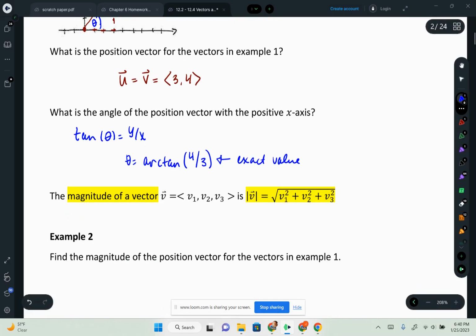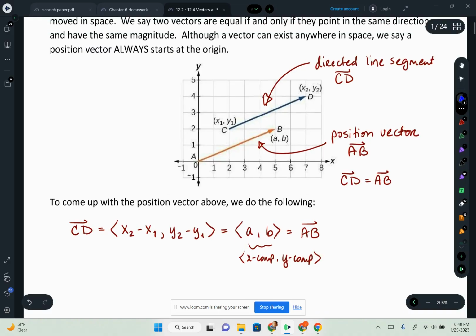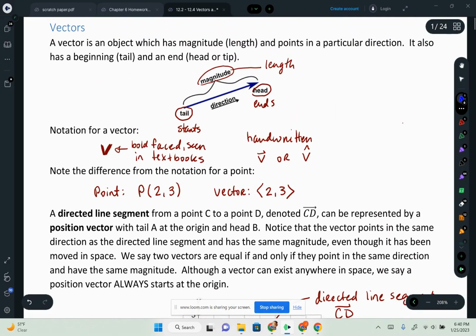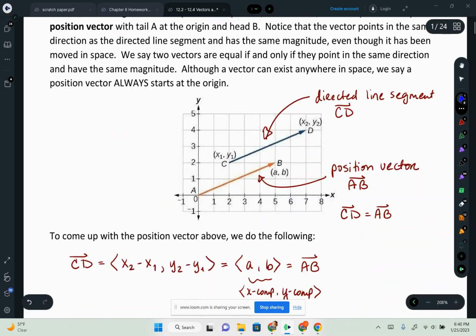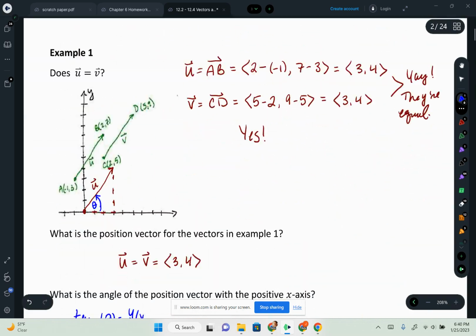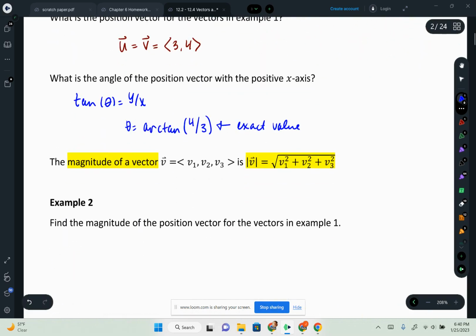All right, next thing is magnitude of a vector. So right at the very beginning, when I showed you the picture of a vector all the way up here, I talked about magnitude being length. So in the last class, we did a bit of a review on how to calculate distance, and we saw how distance is related to the equation of a sphere.